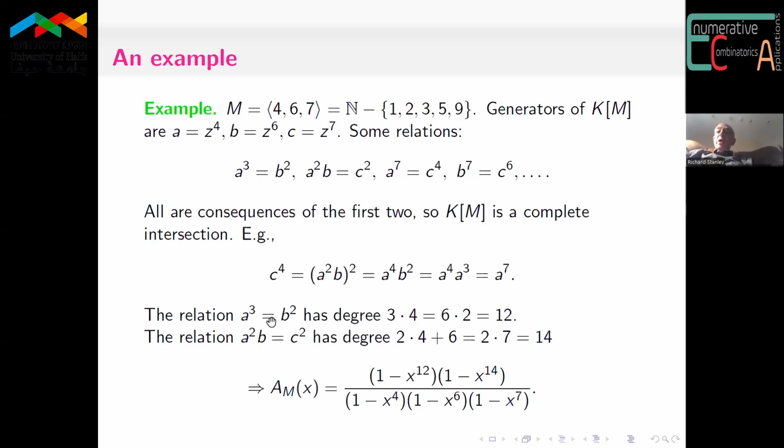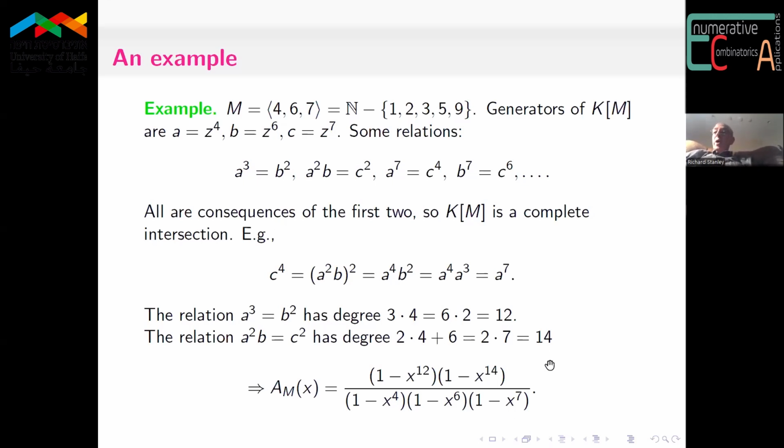The degree of the relation A cubed equals B squared is 12, like the polynomial A cubed is C to the 12th, which has degree 12. Similarly, the degree of the second relation is 14. And by the theory of complete intersections, that means in the numerator of this Hilbert series we get the degrees of the relations, 1 minus x to the 12th, 1 minus x to the 14th, and in the denominator the degrees of the generators, 4, 6, and 7.